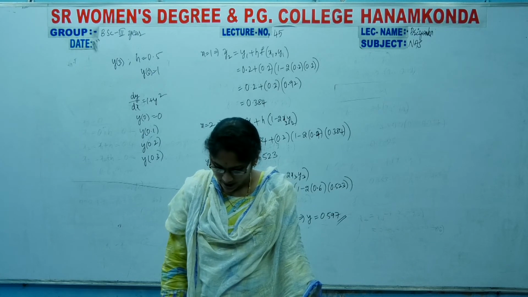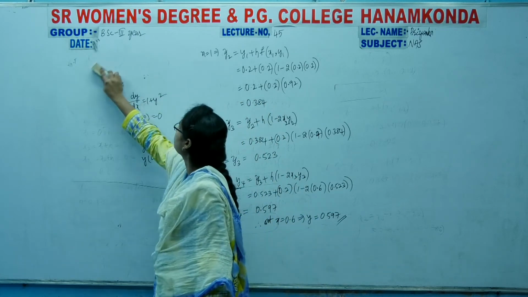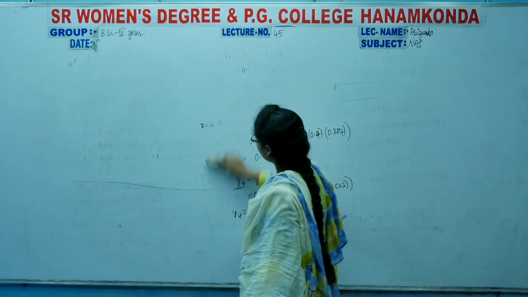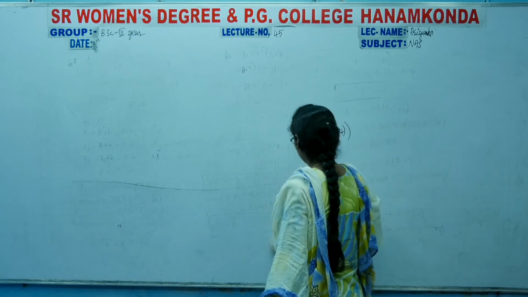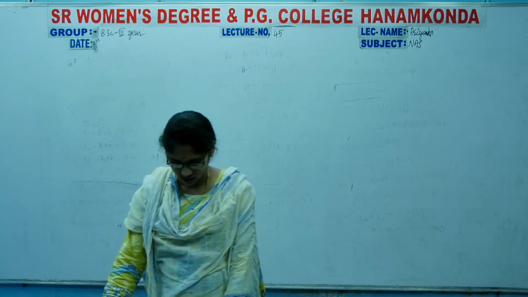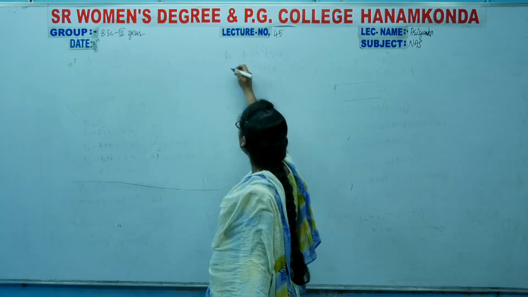Okay, next put a side heading, modified Euler's method. Write down the formula, write as it is.